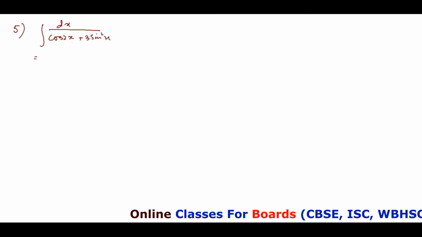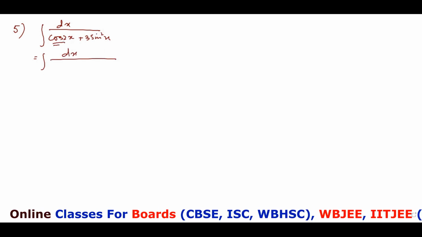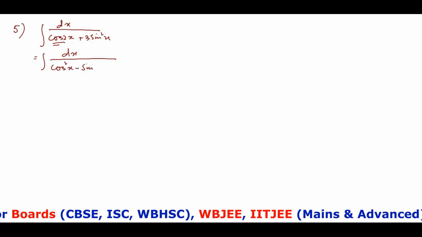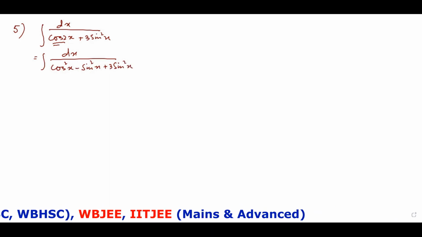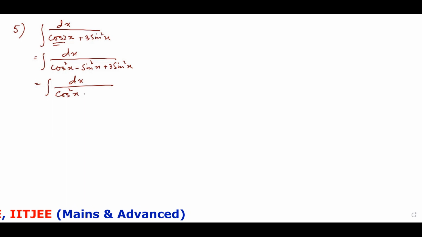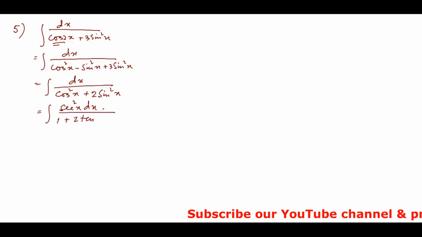So all we do is break up this cos 2x like cos square x minus sin square x plus 3 sin square x. So this will be basically cos square x plus 2 sin square x. Okay. Now multiply numerator and denominator with sec square x. So we are getting sec square x dx divided by 1 plus 2 tan square x.